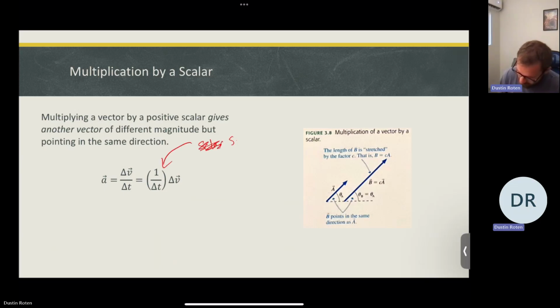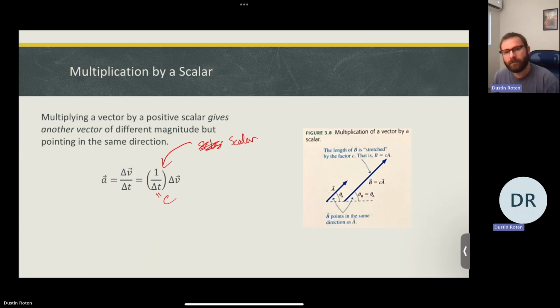So this is just a scalar, and time doesn't have a direction, so it's just some magnitude. The 1 over delta t is just some constant, and we're essentially scaling this vector by it, this delta v.